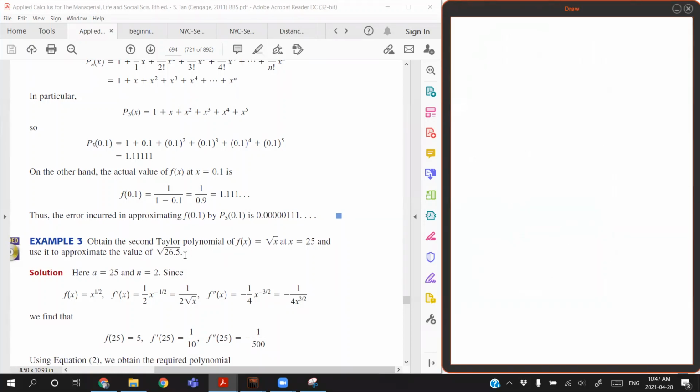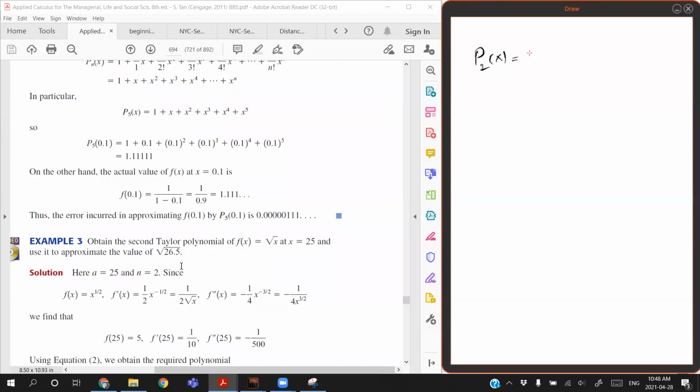Okay, so now let's try to figure out the approximation here. I'm going to read the problem again. It says, obtain a second Taylor polynomial for this function centered at 25 and use it to approximate the value of this function. So the second order Taylor is going to be P2 of x.